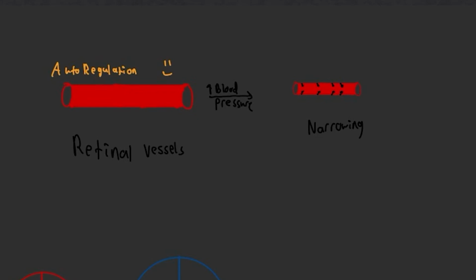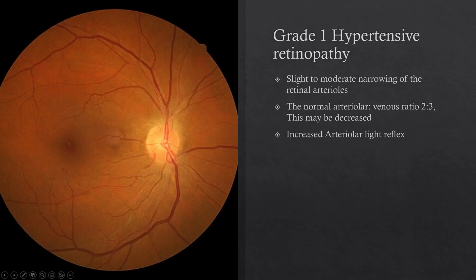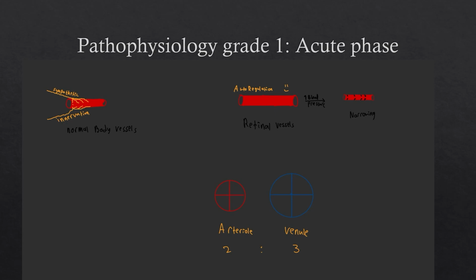So when the blood pressure increases, the arterioles begin to narrow, and this narrowing is very small. If you look at the picture, you can barely notice any difference. So you may ask yourself, why are the arterioles narrowing? First of all, the capillaries are very delicate, and we want to protect them.